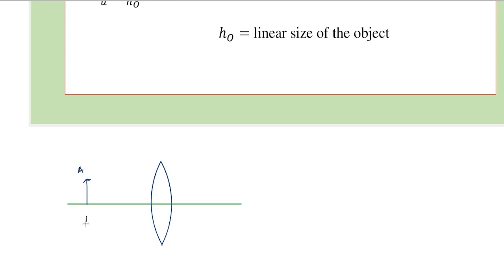We will call this point A and point B, and if we draw the light rays, so you have learned in school how to find the image for different positions of the object. Just go through it in case you're not able to recall it. For some position, imagine that the image formed here would be, say, inverted. It's inverted like this.